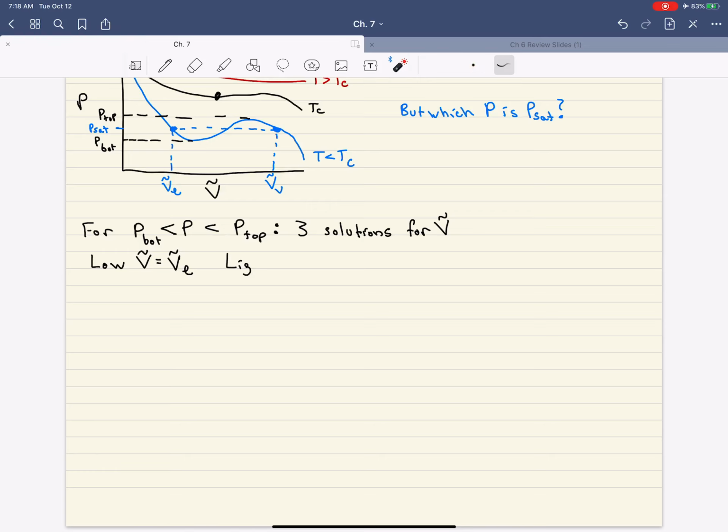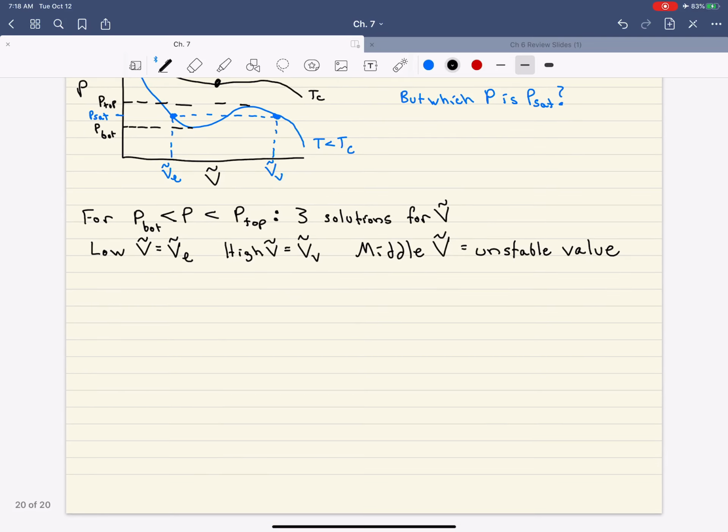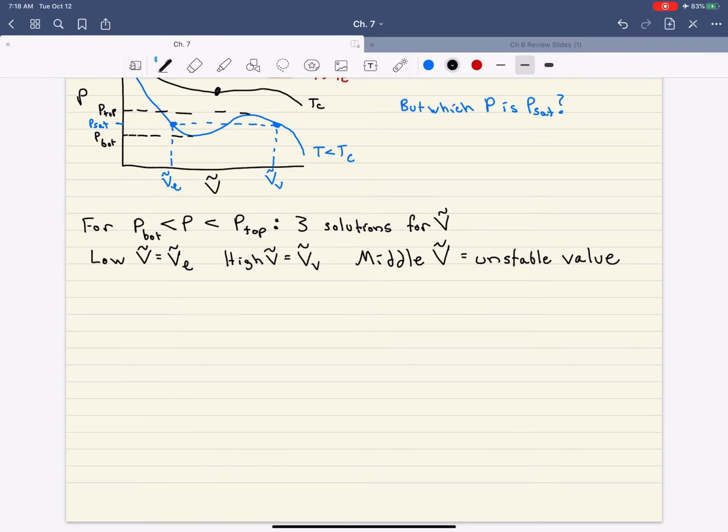The highest volume value corresponds to the vapor molar volume, so this one. And this middle volume, the one here, corresponds to what we call an unstable value. It's actually a molar volume that the system cannot attain. So that's what the three different volumes correspond to.